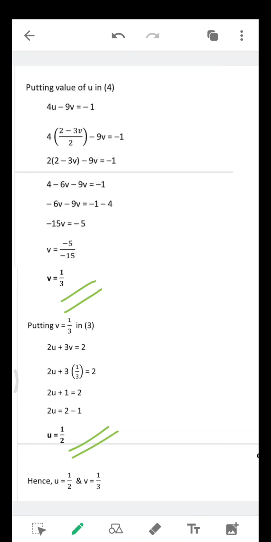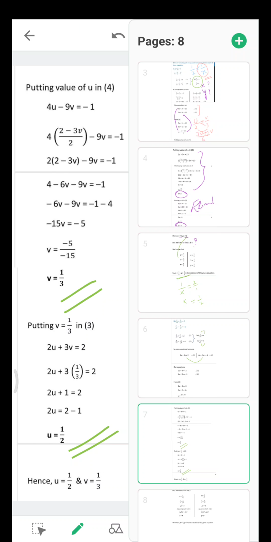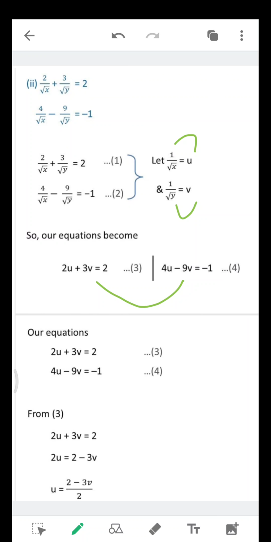Okay, you should solve it by any method, either elimination or substitution, and get the values of u and v. After getting u and v values, you should put these values back again.